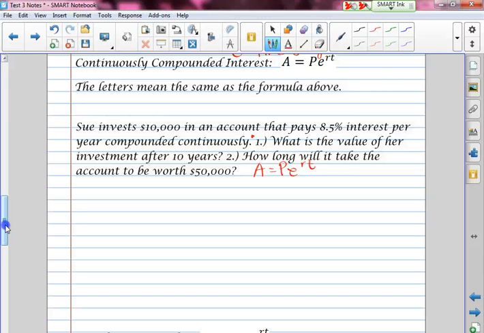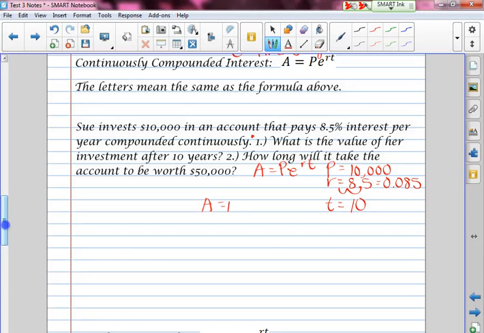All right, your initial investment is $10,000. Your rate is 8.5, but 8.5 written as a decimal is 0.085. Then we need to know the time. The first question says 10. So I'm plugging in everything I know.